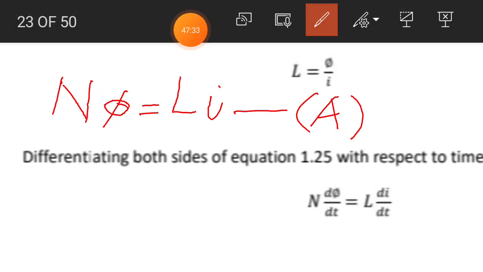You see N on the left hand side is constant. Phi is varying with respect to time. L on the right hand side is constant. And I is a time varying current.